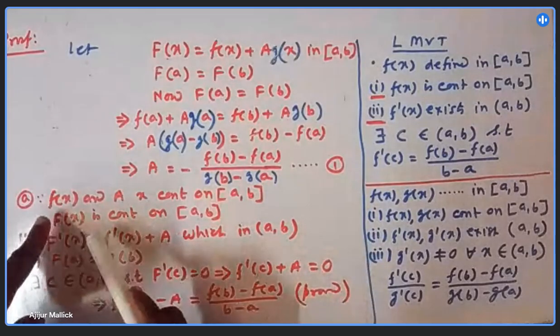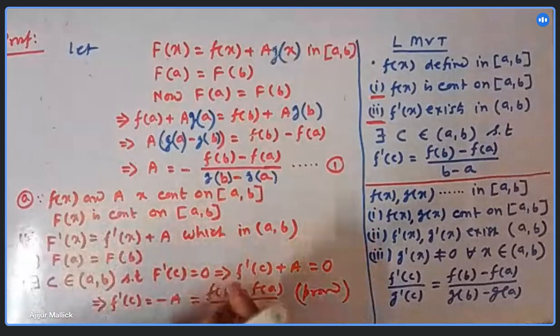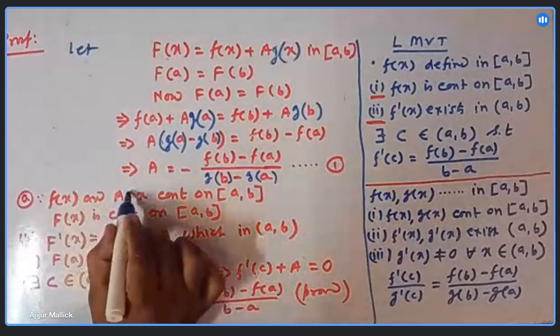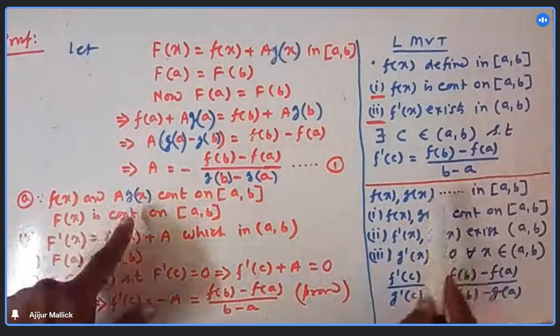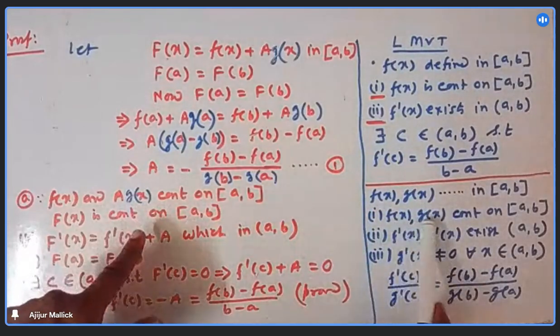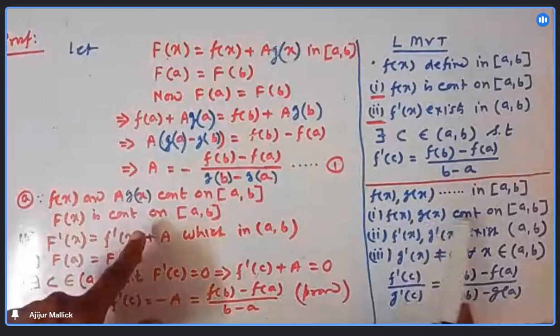And same thing here. Since fx and a into gx both are continuous. Here it is given fx and gx are continuous.